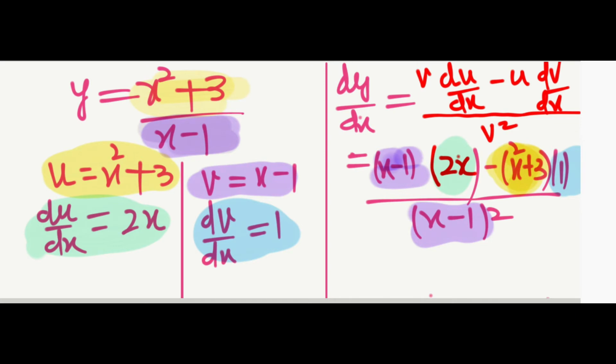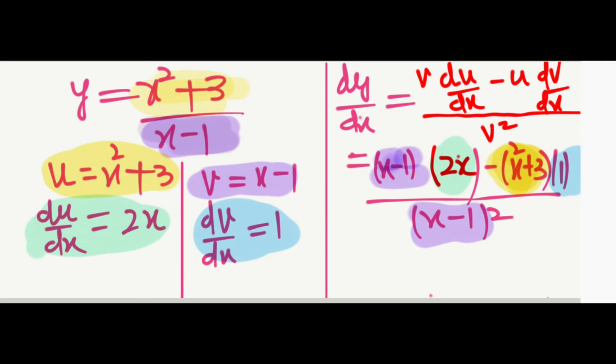Now v function, as you see, purple color, this is x minus 1, so substitute the value. Again, du upon dx in light green color is 2x. Friends, always keep these values in brackets so that they don't mix up.